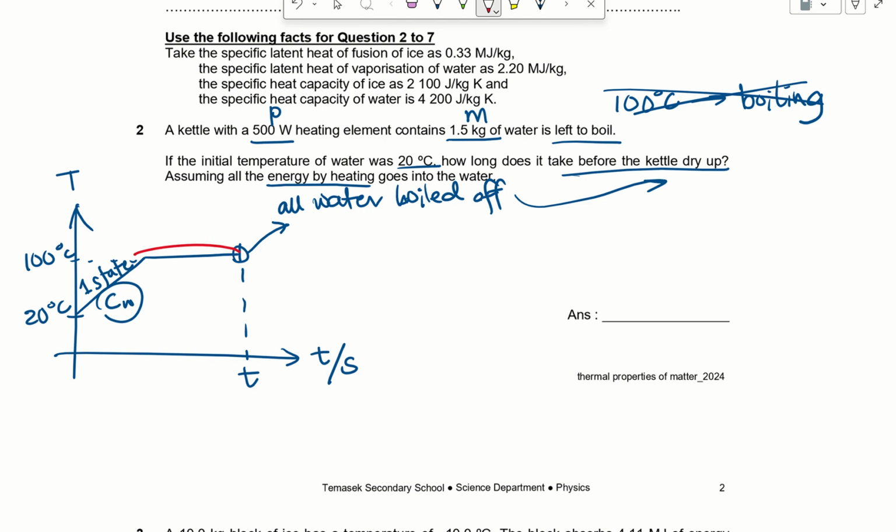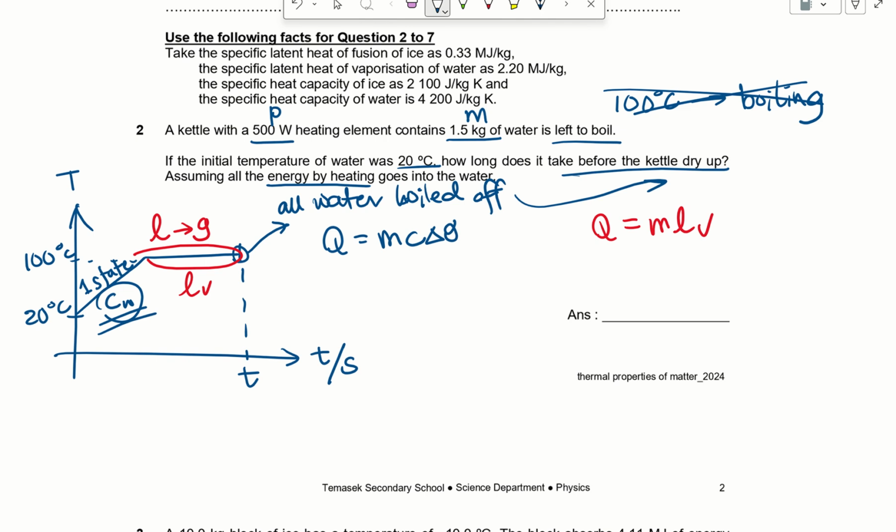Then here we'll be using L_v, specific latent heat of vaporization, whereby the liquid is changing into gaseous state, so there won't be any change in temperature. Using the formulas Q equals m c change in theta, and Q equals m L_v, Q equals m c change in theta we'll be using for this stage.